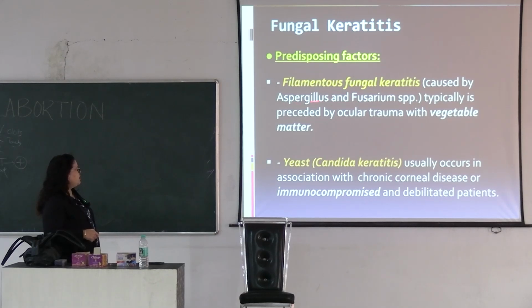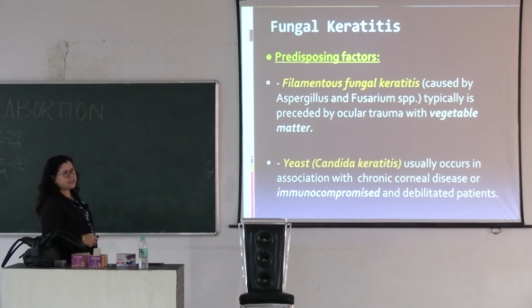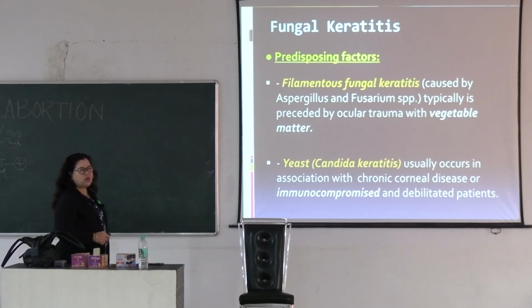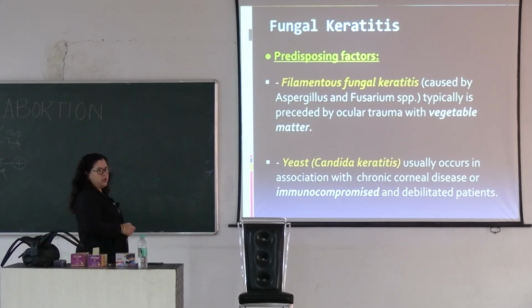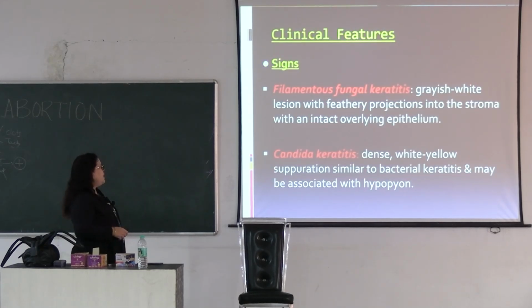Filamentous is caused by Aspergillus and Fusarium, and typically is preceded by ocular trauma with vegetable matter. This is the peculiar sign to diagnose fungal corneal ulcer: vegetable injury. It is a chronic condition associated with chronic corneal disease, and immunocompromised patients are more prone to fungal ulcer. Then clinical features.